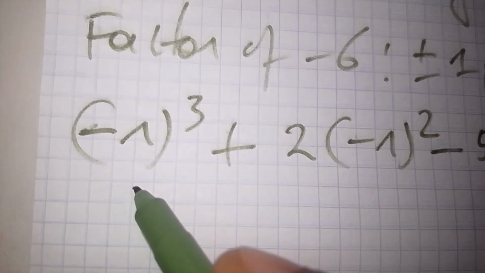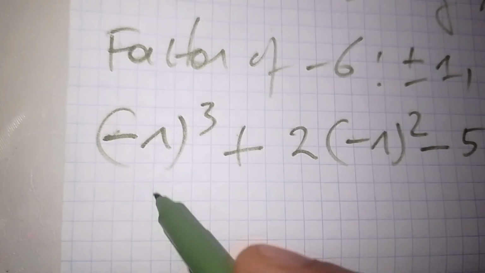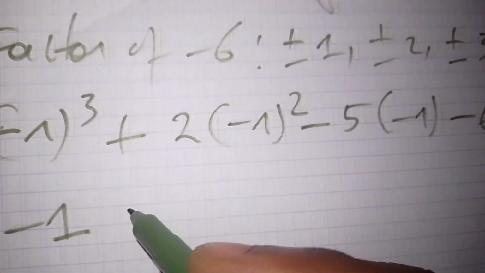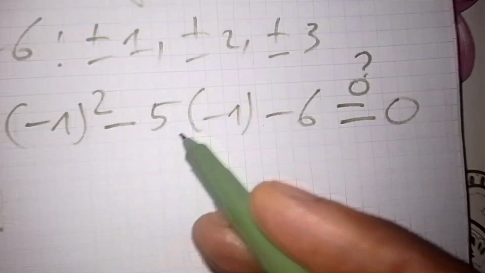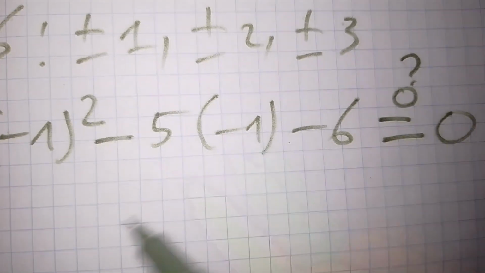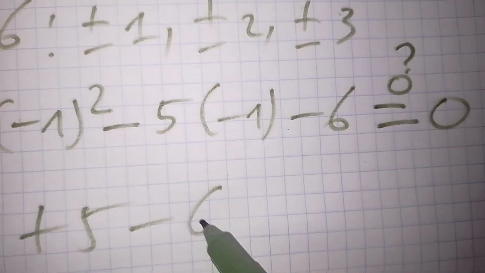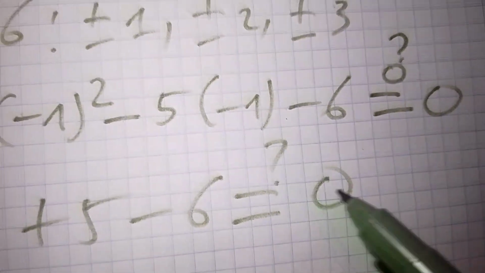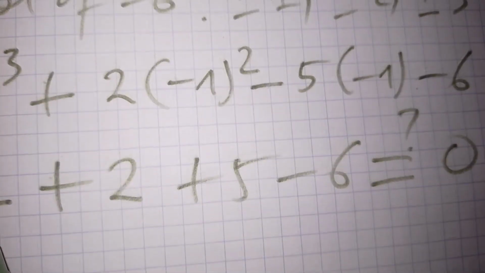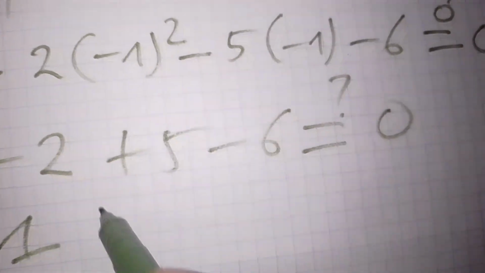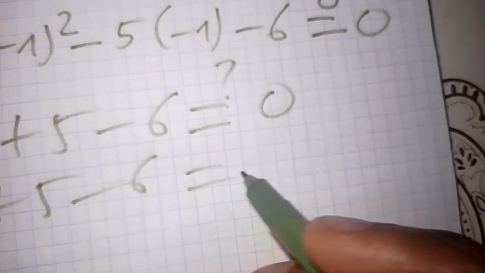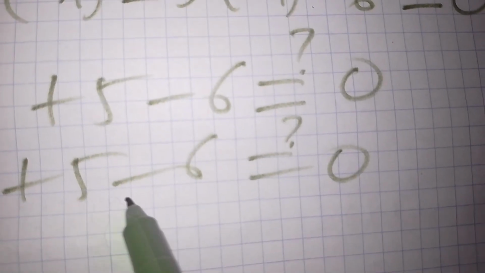Minus 1 power 3 is equal to minus 1. Minus 1 power 2 is equal to 1, and 1 times 2 is 2. Minus 1 times minus 5 is plus 5, minus 6. Here we have 1 plus 5 minus 6, which is equal to 0. So you see here 1 plus 5 minus 6 is equal to 0. 0 equals 0.